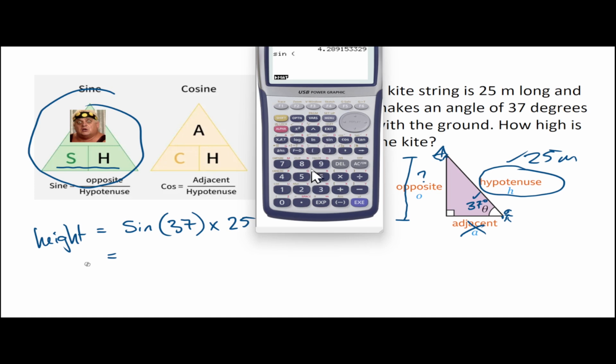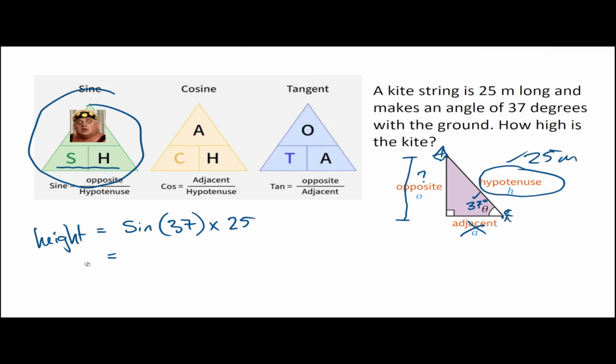So sine of 37 times 25 is 15.05. It gives it to us in meters, so our answer is going to be in meters.